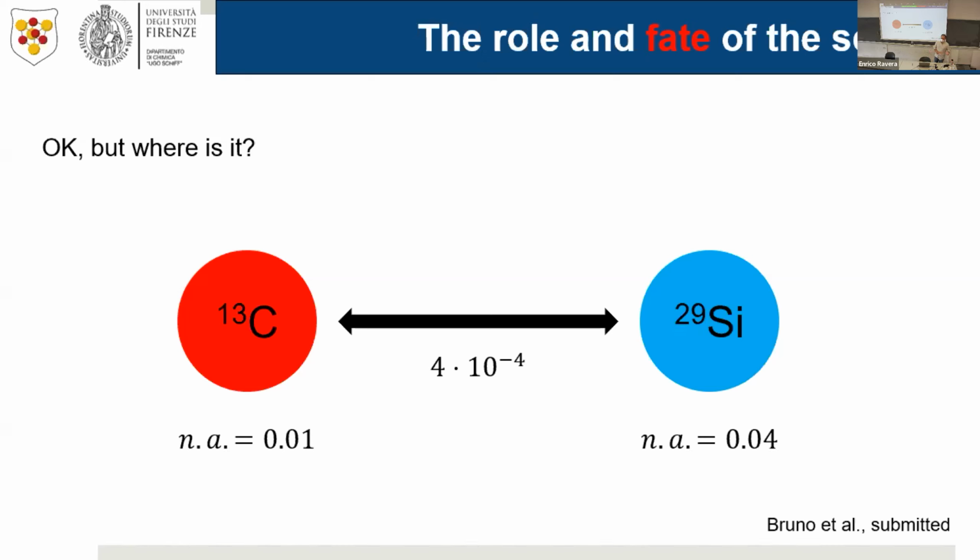You have 1% carbon-13 and 4% silicon-29, so the probability of having a contact is 4 out of 10,000, which is not very much. And the two frequencies are very close, so it's also challenging in terms of hardware. That cannot be done with standard hardware.